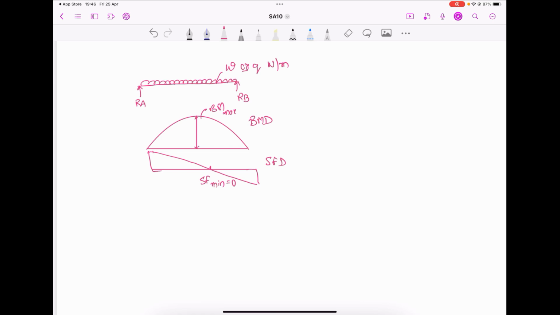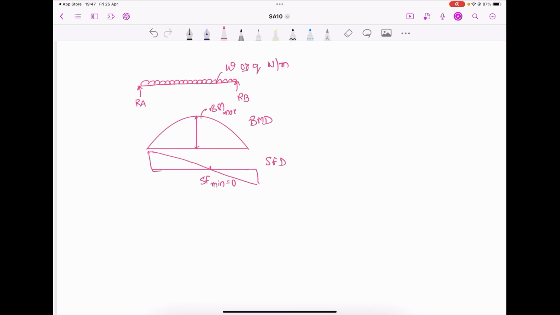You just see in the shear force diagram, the shear force is changing direction from positive to negative or negative to positive, whatever sign convention you follow. There is no harm in following any sign convention, but it should be uniform everywhere. Keep that in mind.